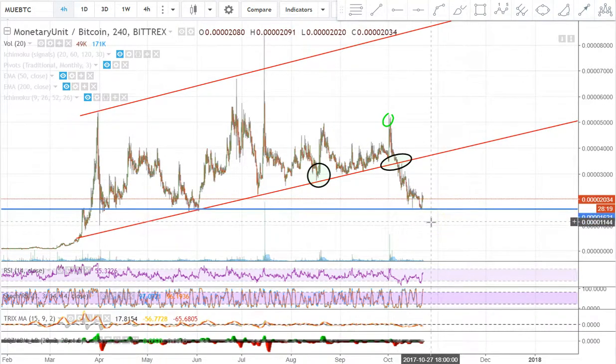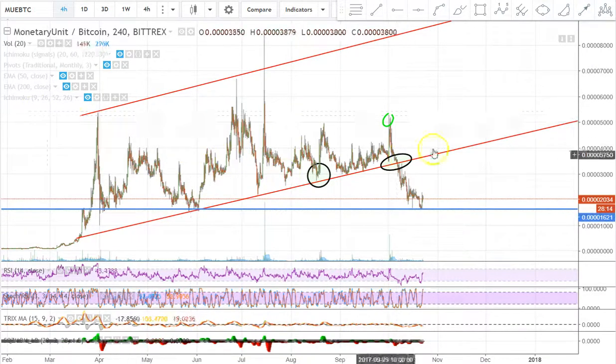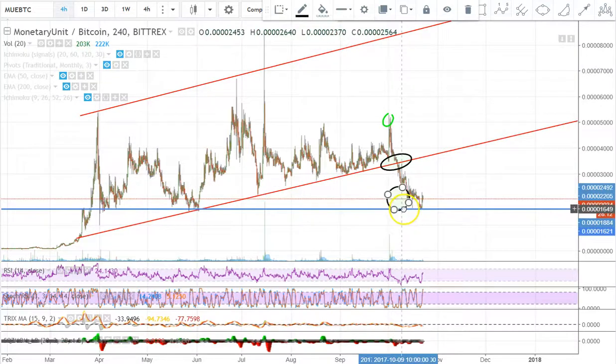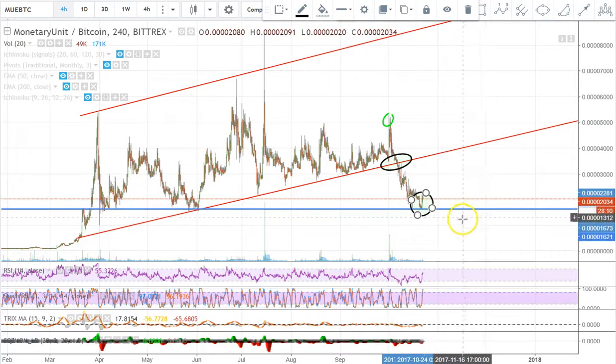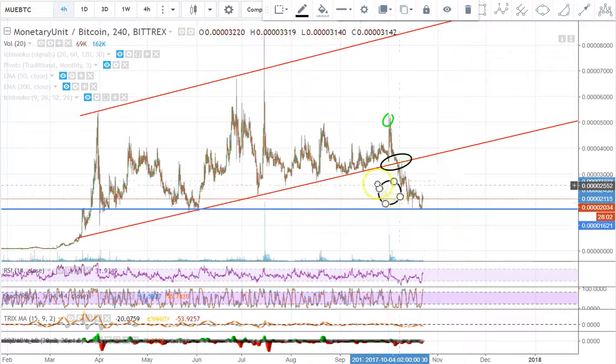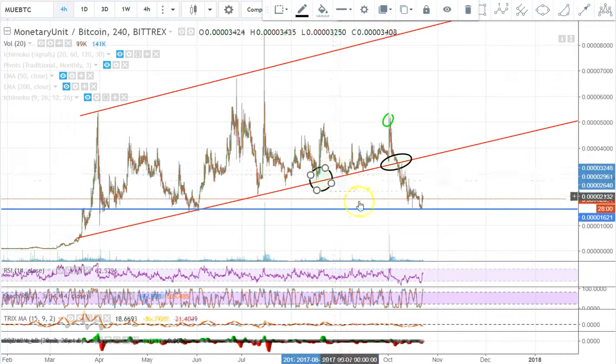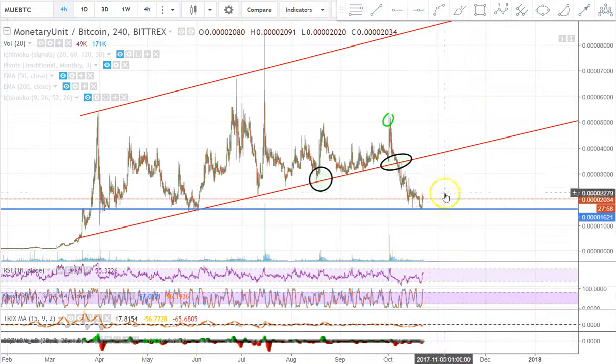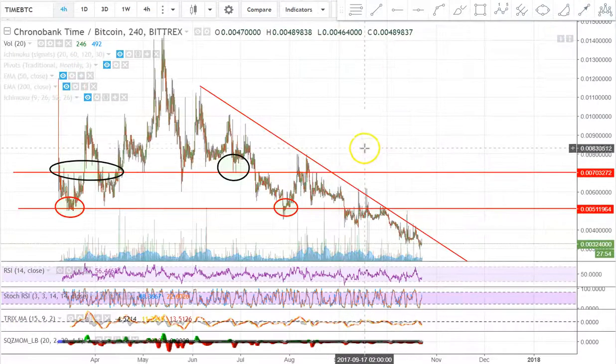Is this support strong? So you could choose to buy here as well and set a stop loss below this blue line. That's a trading setup as well. It's your choice.